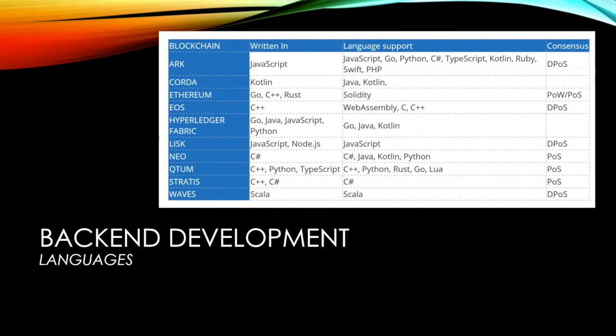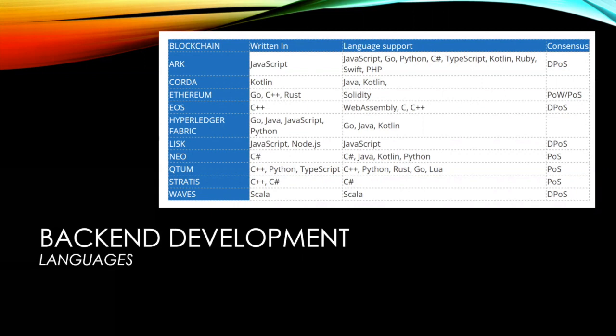Ethereum, the smart contracts are programmed in Solidity. Hyperledger Fabric uses Go, Java, and Kotlin. And those are the only three that we have from the ones we've talked about.